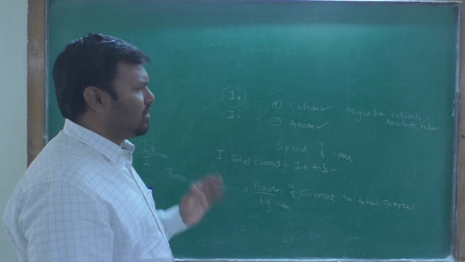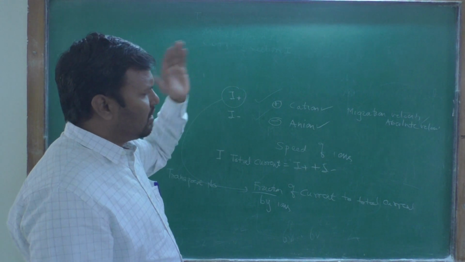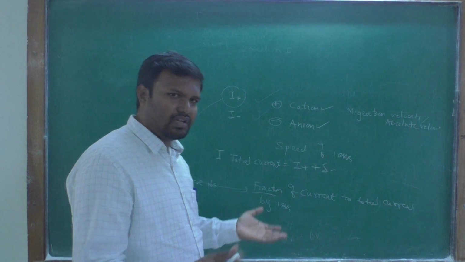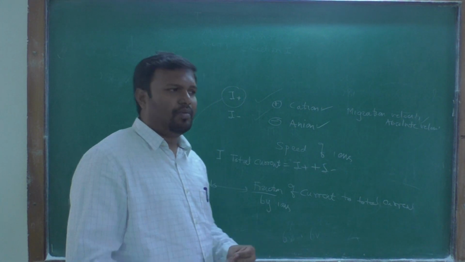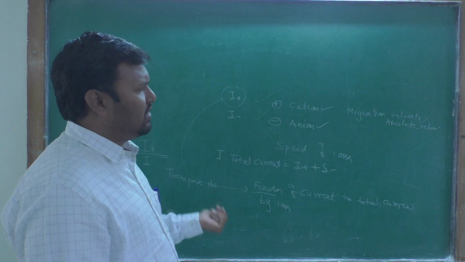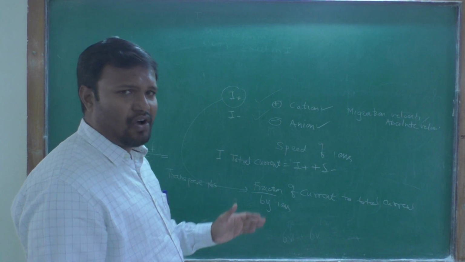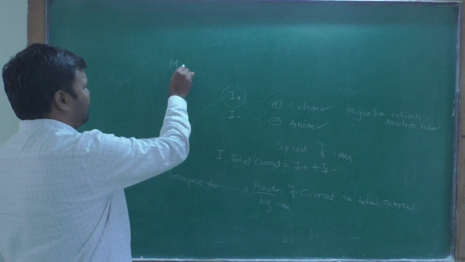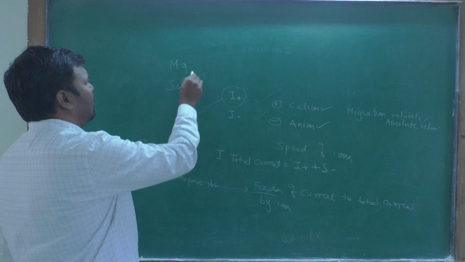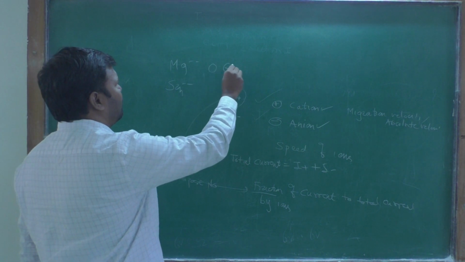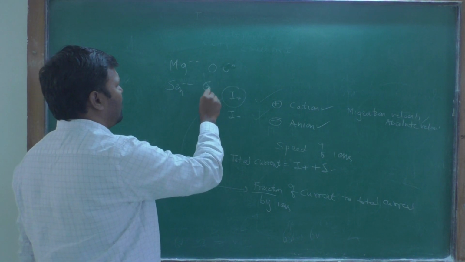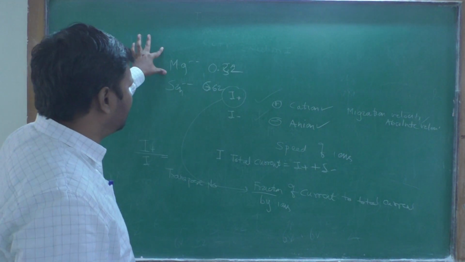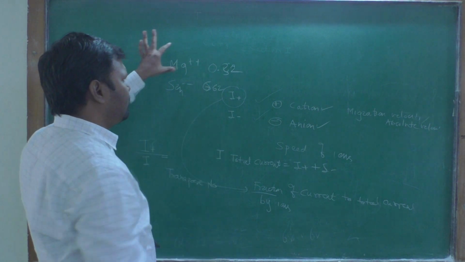Now two things are clear: the current carried by the cations and the current carried by the anions give the total current, and it depends upon their velocity or speed. If you take MgSO4, the transport number for SO4 minus is 0.62 and the transport number for Mg plus is 0.32.